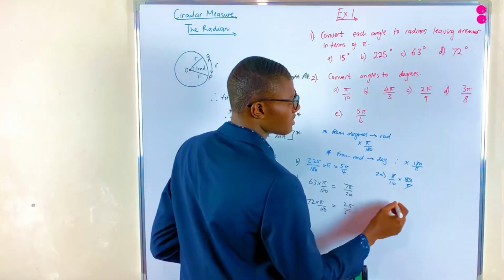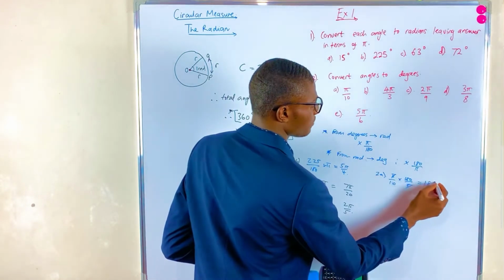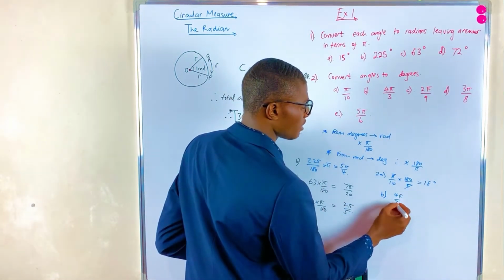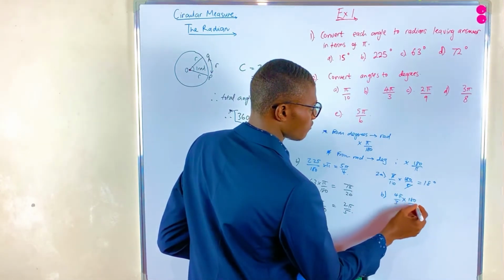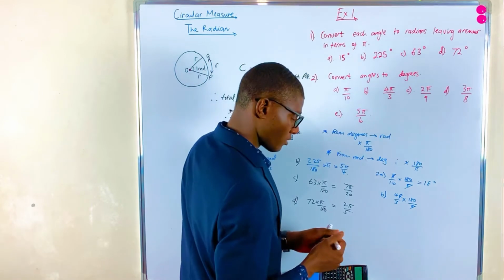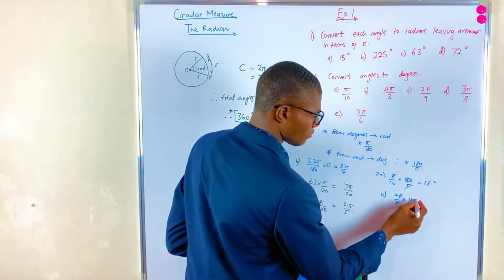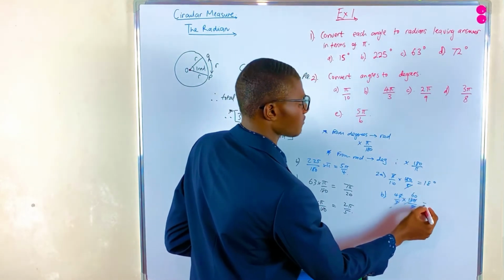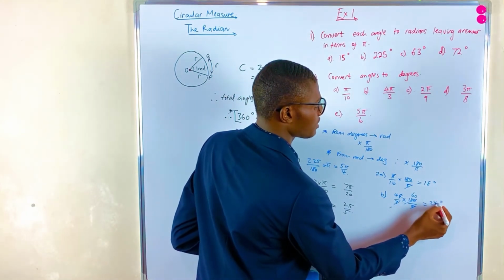If the pi's cancel, we get 18 degrees. And then for 2b, 4 pi over 3 times 180 over pi. The pi's cancel, 3 into 180, we get 60. Then 60 times 4, we get 240 degrees.